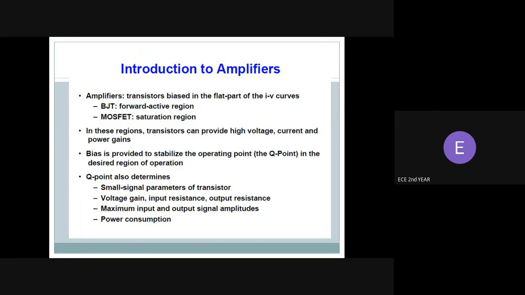Each of these configurations exhibits certain characteristics that make them more desirable in certain circuit applications. Right.